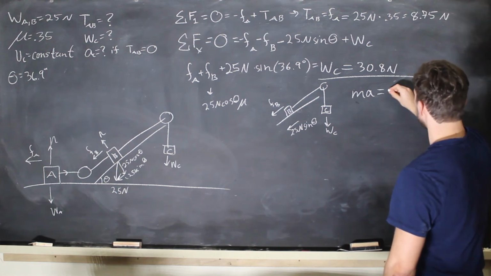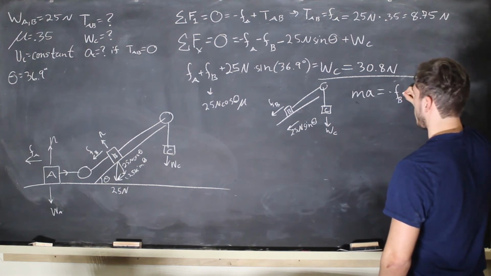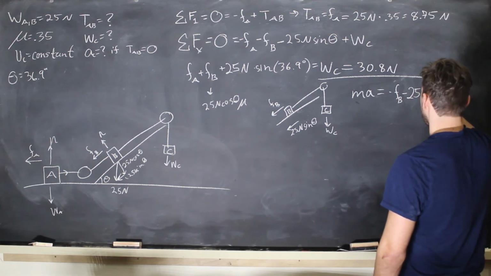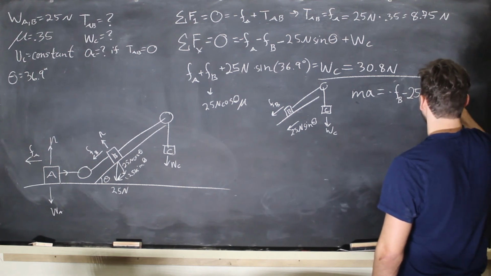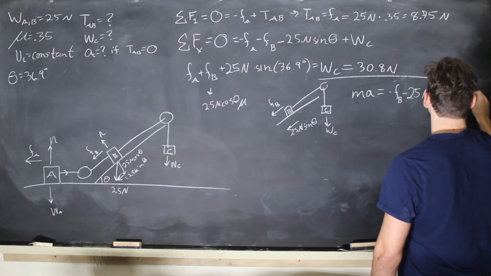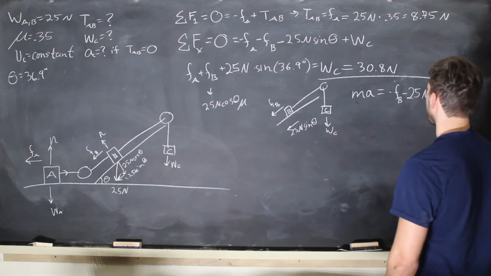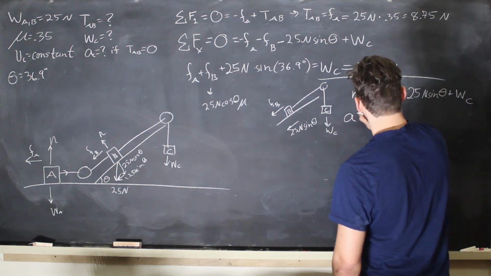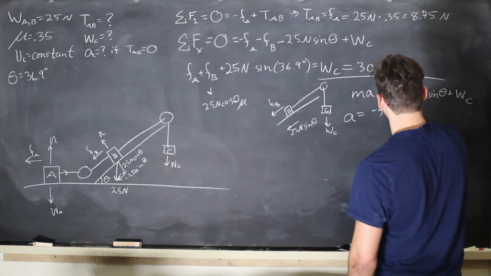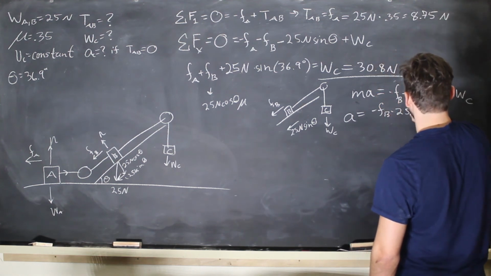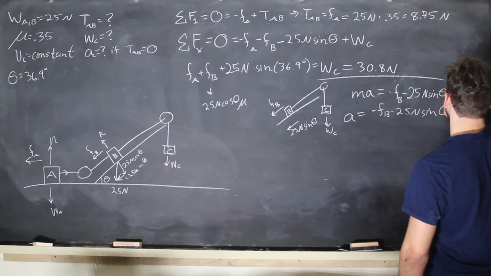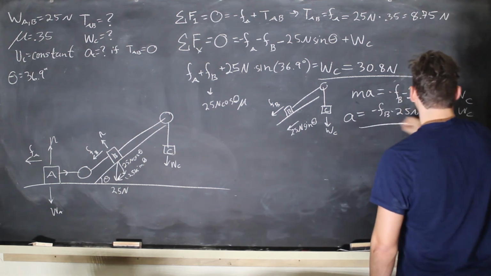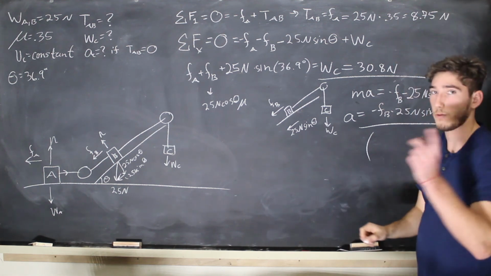And that's going to be equal to negative FB minus the weight of gravity downwards, 25 newtons sine theta, plus WC. Now we're going to divide the masses over. And A is going to be equal to negative FB minus 25 newtons sine theta plus WC over, now we don't have the masses, but we can solve for it.